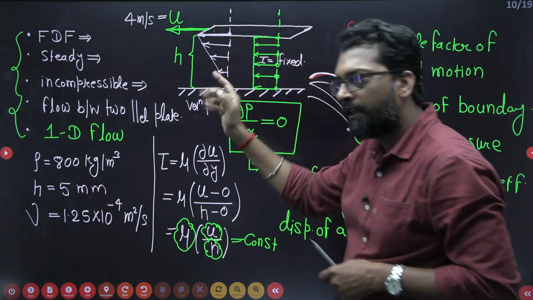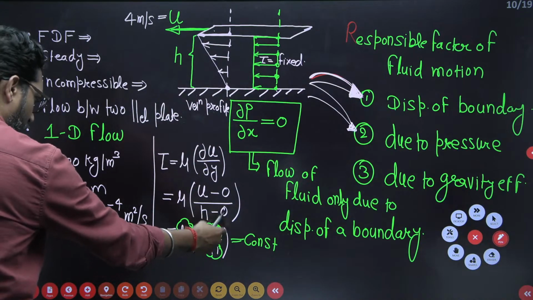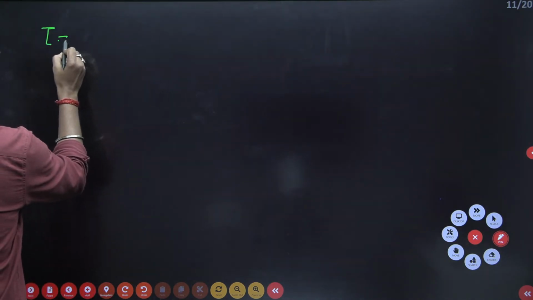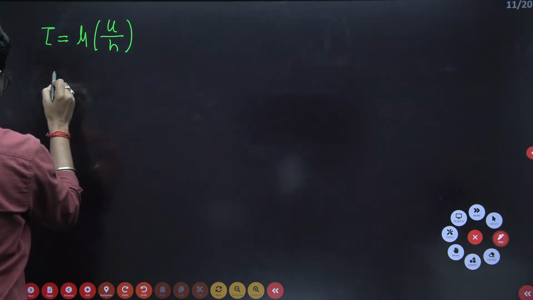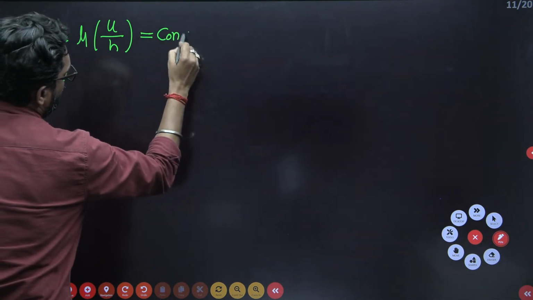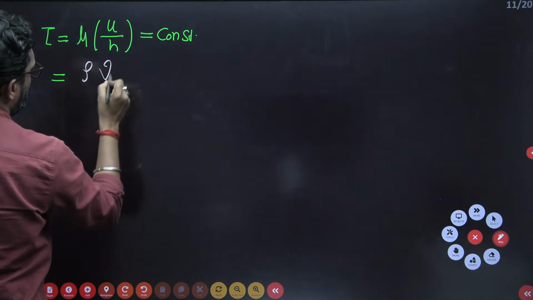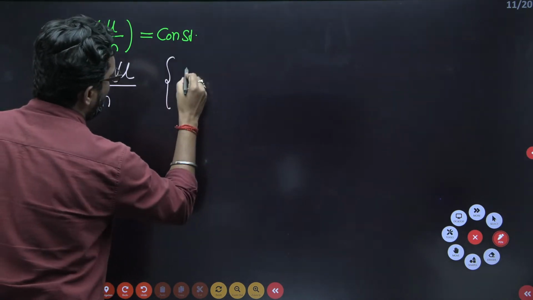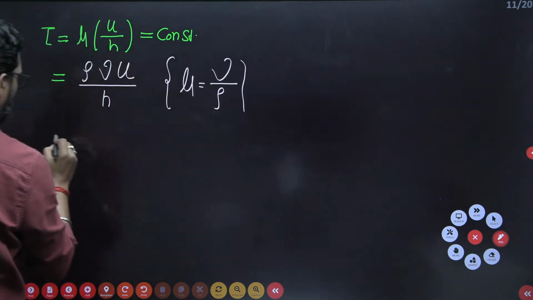Clear? Now put all these values, convert this mu. So my dear, tau is equal to mu u by h, and this is constant. So mu is rho into nu, giving rho into nu into u divided by h. Why? Because we know that dynamic viscosity is kinematic viscosity times density.